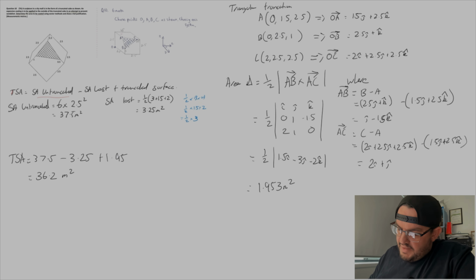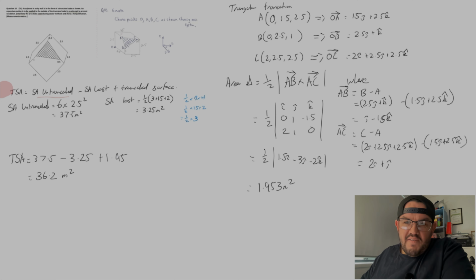First step for me was to go and have a look at this one over here and make sure that I've got a rule, which is kind of handy. I figured out the surface area of the untruncated. You guys know how to do that, right? It's not too difficult to figure that out, hopefully. The surface area lost, just trying to visualize in your head how to put those triangles, kind of where they sort of fit.